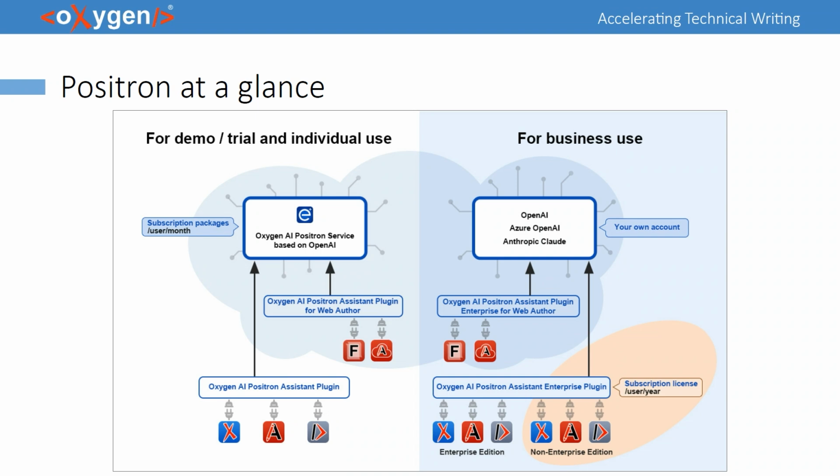You only pay for your AI service subscription, but nothing to us. The same goes if you have Oxygen XML Editor, Author, or Developer with an enterprise license. You simply install the add-on and you don't have to pay anything else. If you don't have an enterprise license, then you would have to buy a subscription license, which you pay yearly.